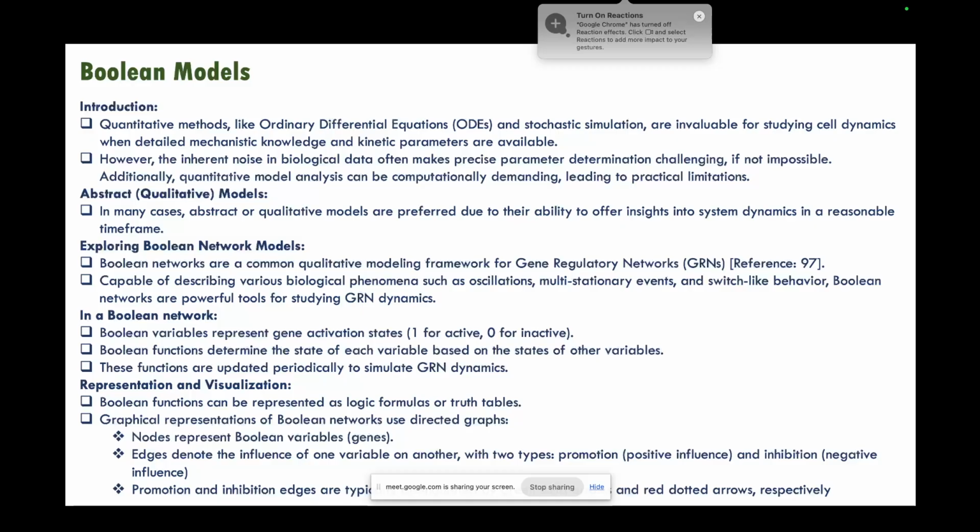Boolean models offer a lot of ease in doing this modeling because of the less knowledge required, because we do not need accurate parameters as in ODEs to describe the model. It's much simpler, and you'll see a lot of papers that have done a lot of work using these Boolean models. But again, the assumption there is that your system is either in a zero or a one state, right?